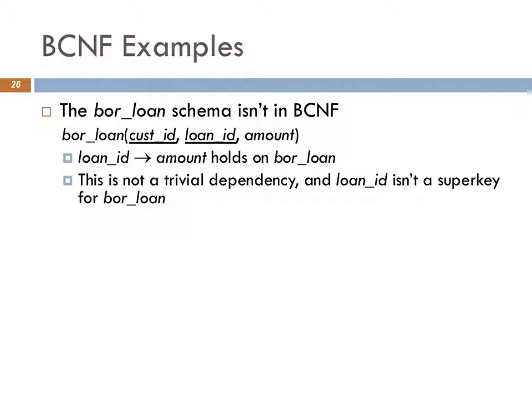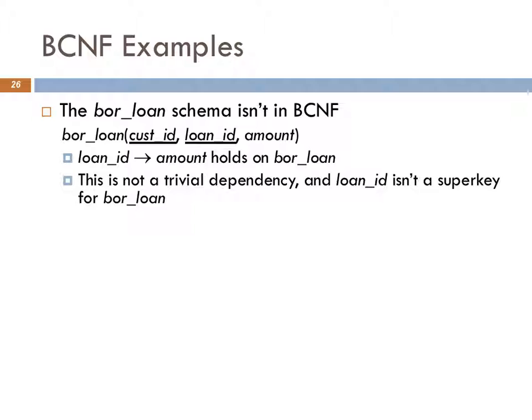So Bor-loan. Notice we have customer ID, loan ID, and amount. The combination of customer ID and loan ID has to be a key because we want to be able to have customers with multiple loans, loans with multiple customers. But we also know that there's a functional dependency that holds: loan ID functionally determines amount.